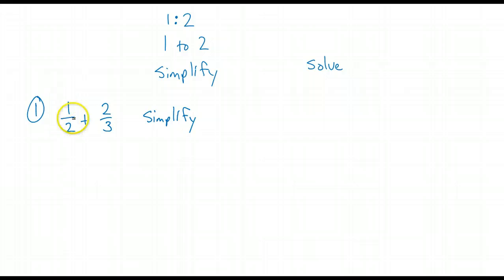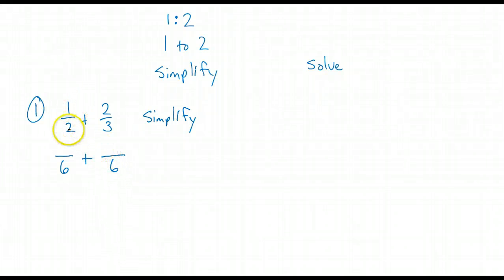We really have a ratio plus a ratio, a fraction plus a fraction. In order to add fractions, we need to have a common denominator. If we look at the denominators, 2 and 3, the common denominator between 2 and 3 is 6. 2 goes into 6, and 3 goes into 6.